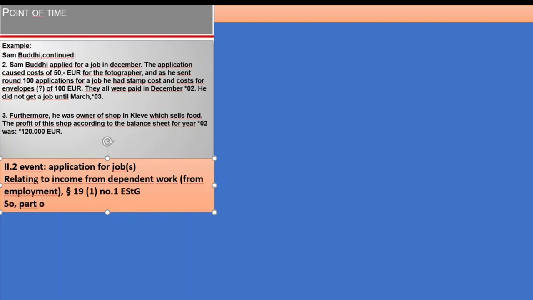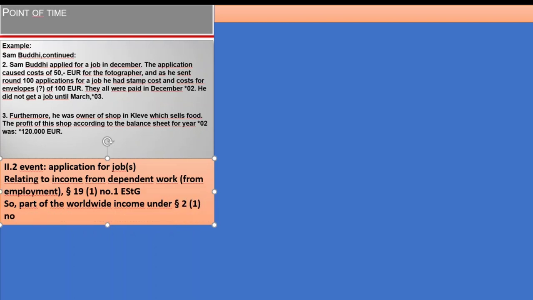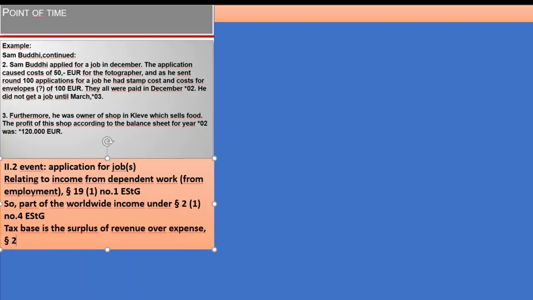So it's part of the worldwide income under 2.1, and now I know that by heart. You should look it up. 2.1 number 4. The tax base for income from employment is the surplus of revenue over expense.